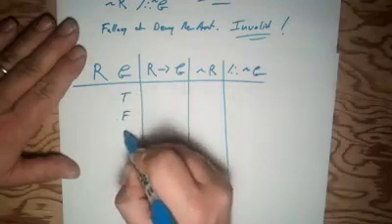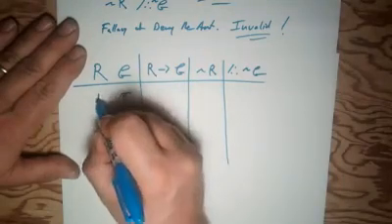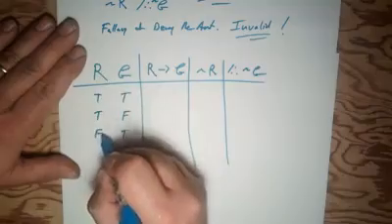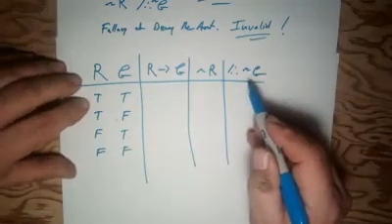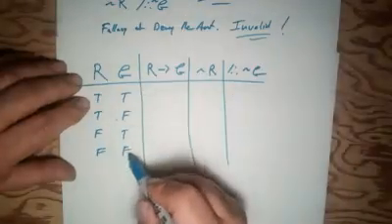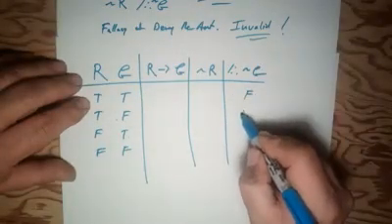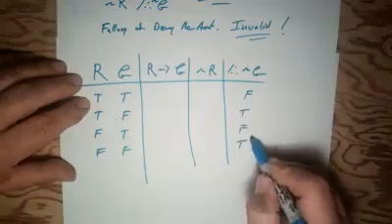Looks good. So then this is going to be a nice simple 4-line table. Not G is going to be this in reverse, so it's going to be false, true, false, true.